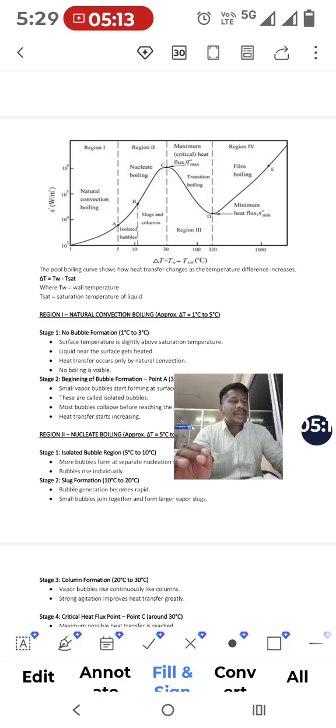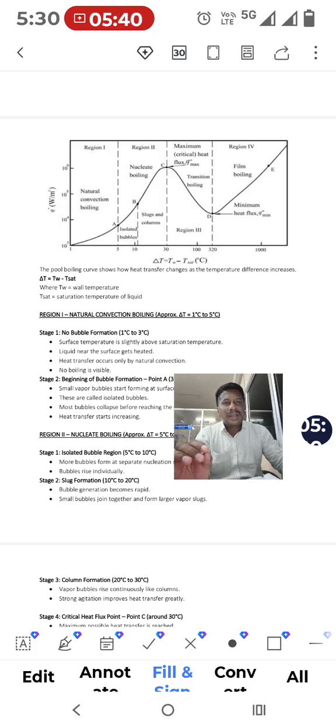This region is called region 4, also called flame boiling. At this point, the minimum heat flux occurs, with a value approximately between 10 to the power of 4 and 10 to the power of 5 watts per meter square. As heat increases further, the change in temperature and the heat flux both increase.